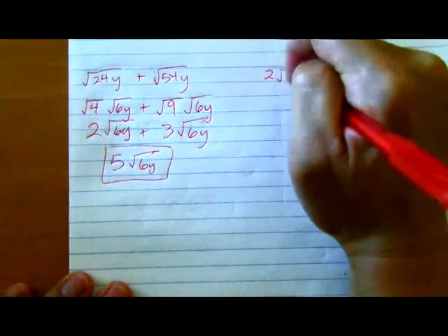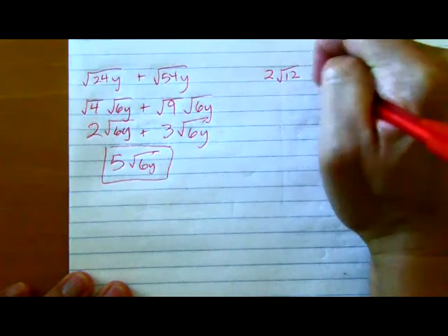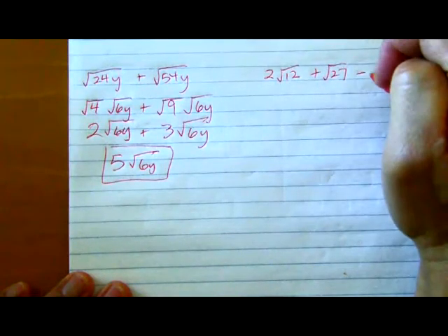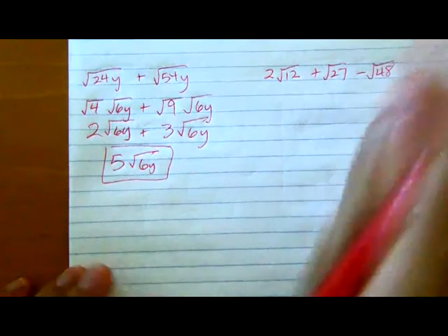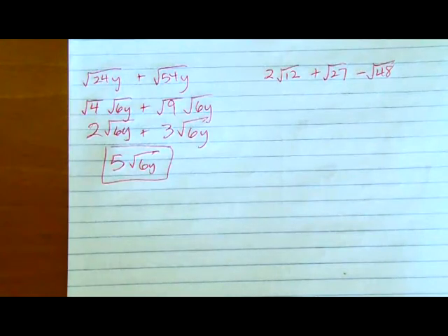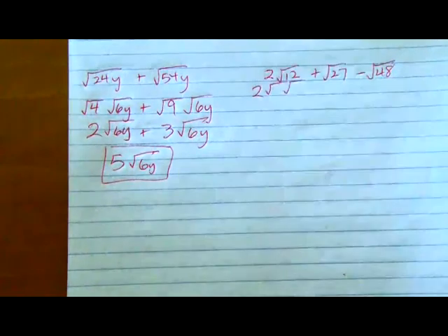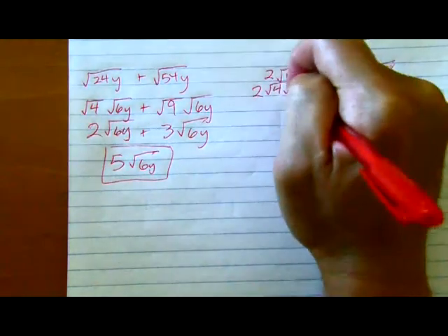2 radical 12 plus radical 27 minus radical 48. We need to simplify the radicals. How can we factor the 12? 4 and 3.